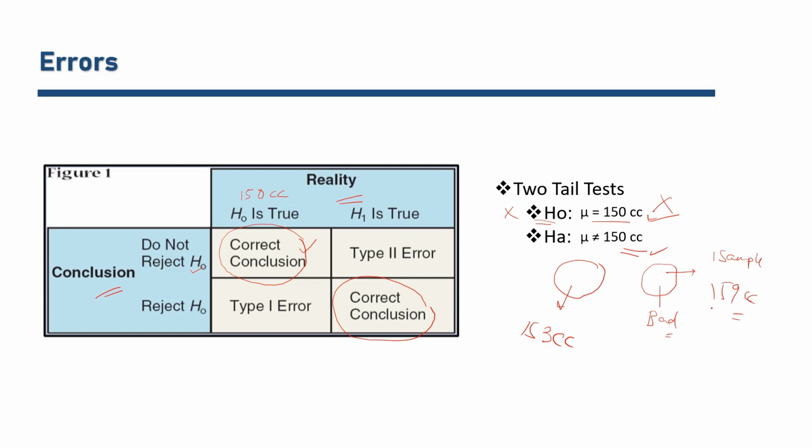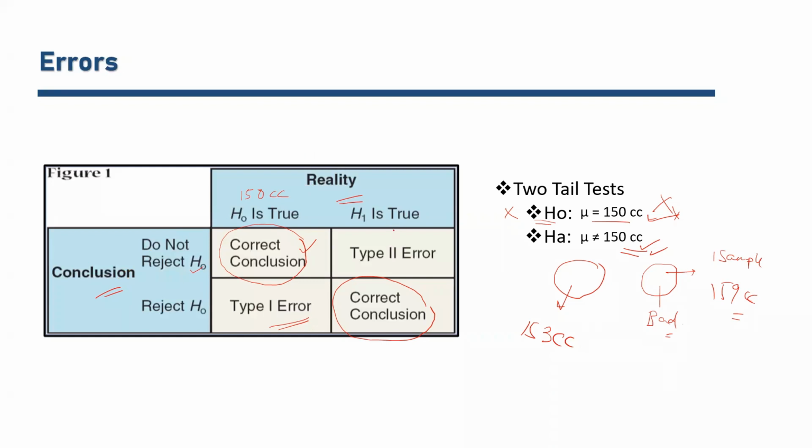Based on that, you said that this is not correct, and you committed a type 1 error. Type 1 error is when the reality is true, but you concluded it as wrong.